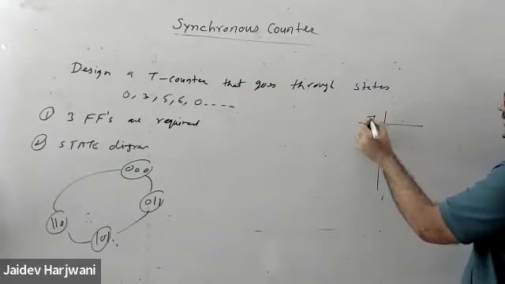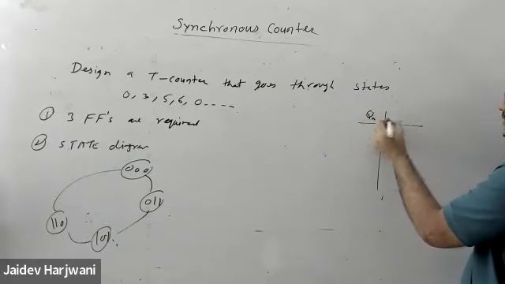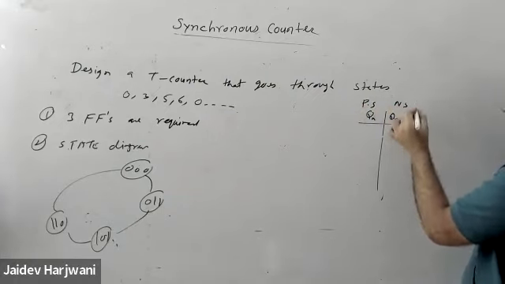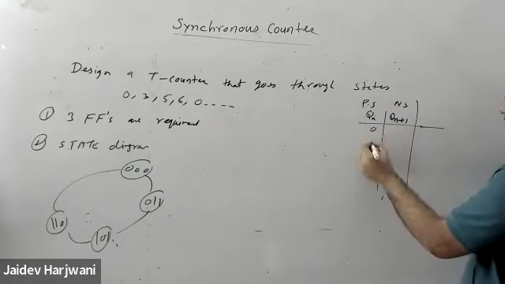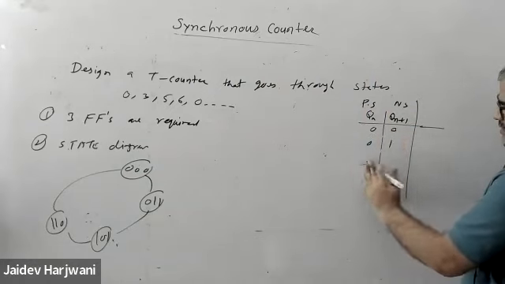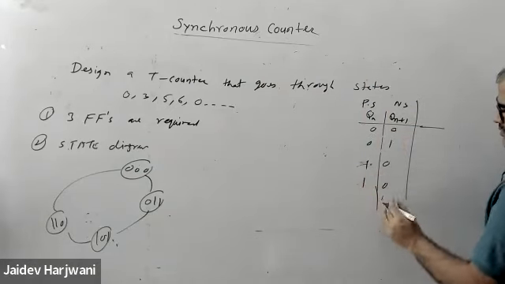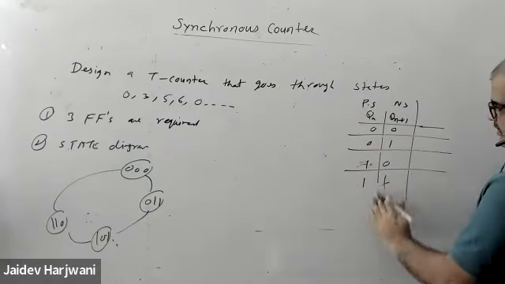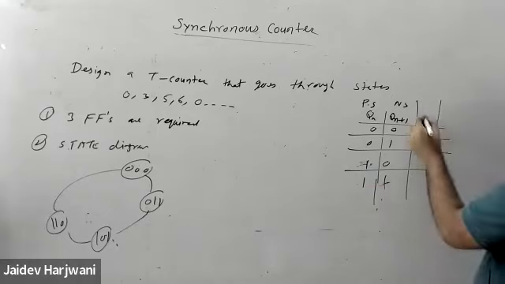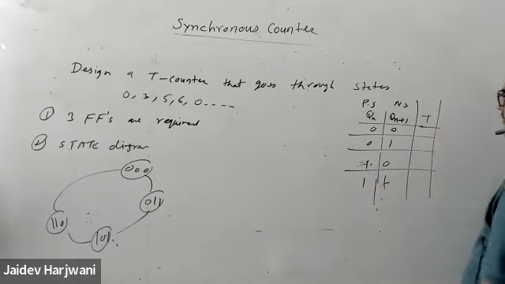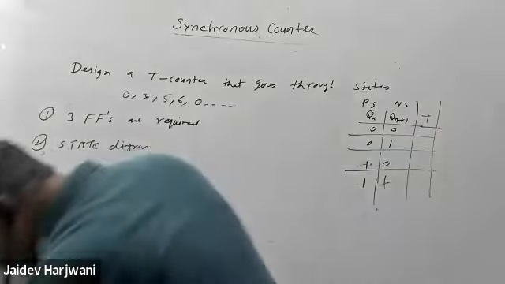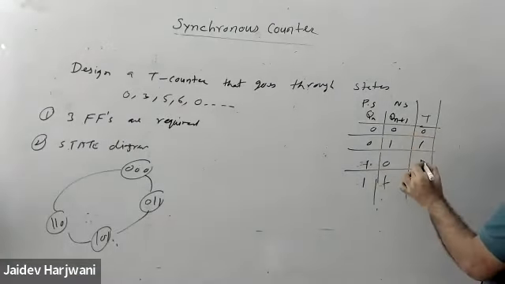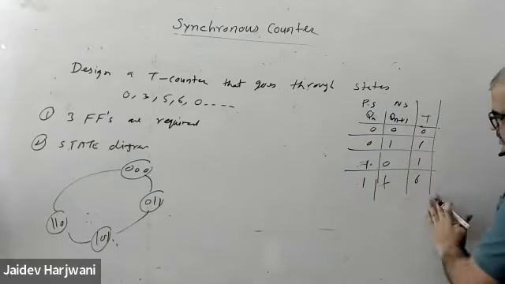So you have T, you have Qn, you have Qn plus 1, present state, next state. Okay, this is 0 0, 0 1, 1 0, 1 1. Okay, these are my states, and you should know what the T parameter values are. So the values are 0 1 1 0. Okay, so this I'm writing.